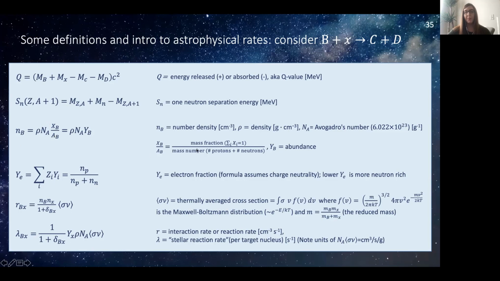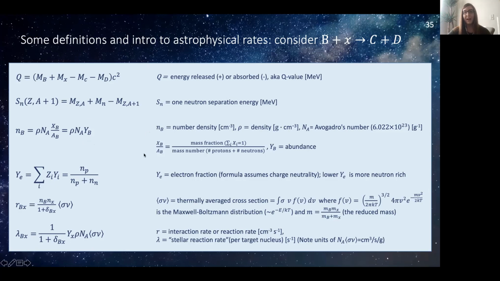So we described mass number in the first part of this talk. It's going to be your number of protons plus your number of neutrons. And mass fraction is essentially going to tell you how much of each species you have in such a way that they all sum to 1. So it's like a relative number relative to all of your other constituents within the network.